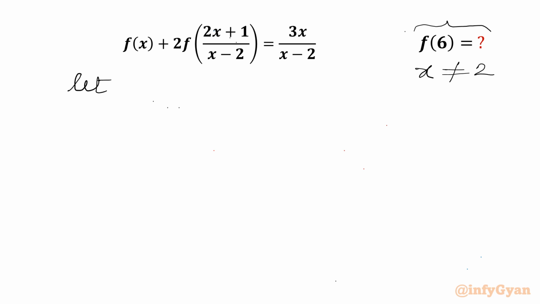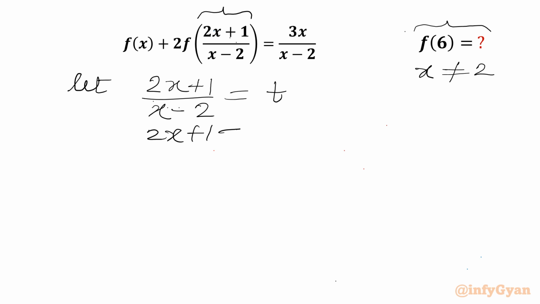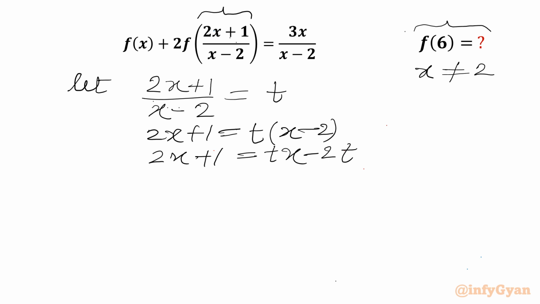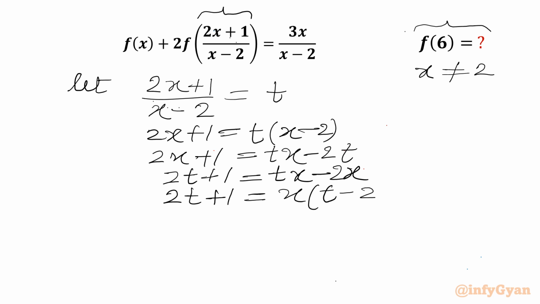Now let us assume (2x plus 1) over (x minus 2), let's say this bracket is equal to t. So I can write 2x plus 1 equal to t times (x minus 2), or 2x plus 1 equal to tx minus 2t, or we can write 2t plus 1 will be equal to tx minus 2x, or 2t plus 1 can be written as x times (t minus 2).